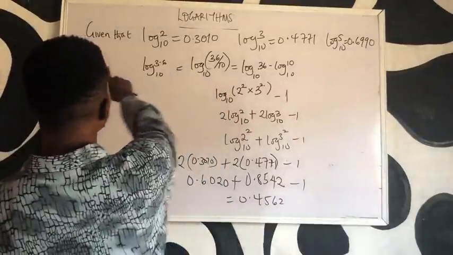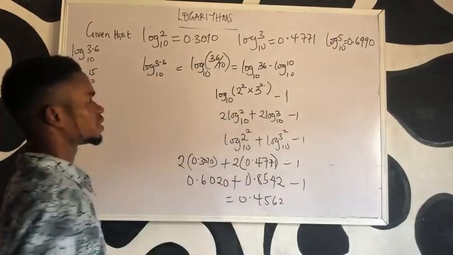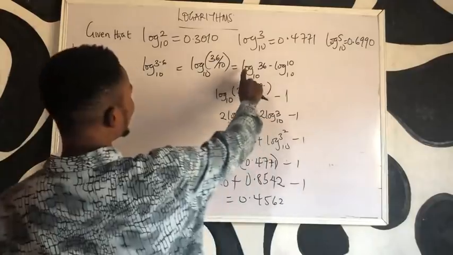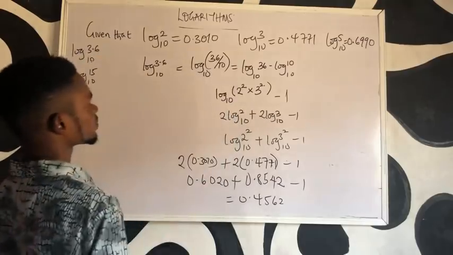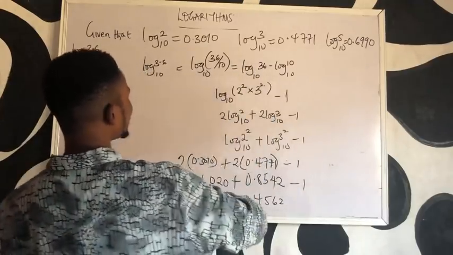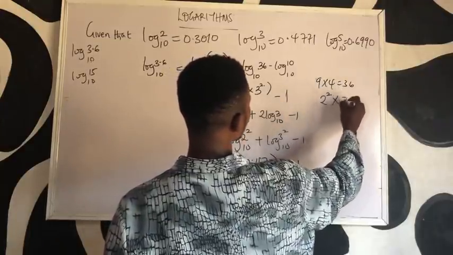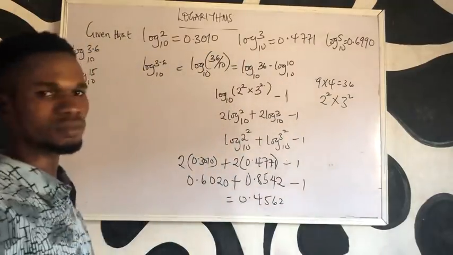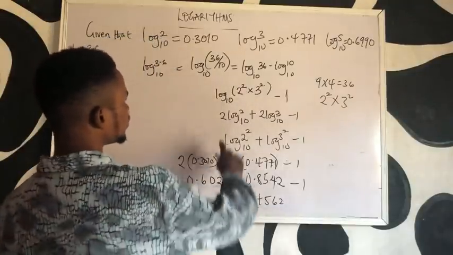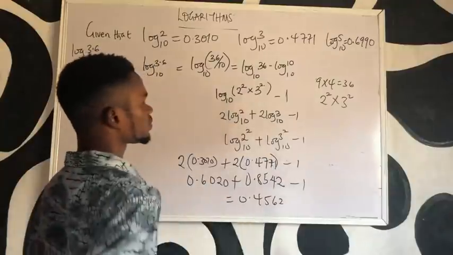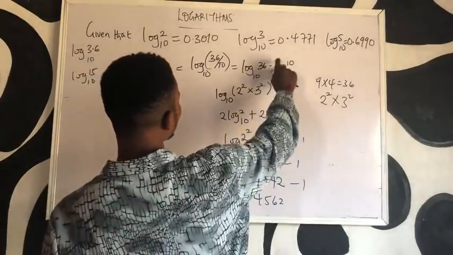Log 3.6 is the same as log 36/10, which is log 36 base 10 minus log 10 base 10. Log 36 base 10, since 9 times 4 is 36, is 2 raised to power 2 times 3 raised to power 2. If you apply the law of logarithm here, 2 log 2 base 10 plus 2 log 3 base 10 minus log 10 base 10, which is 1.